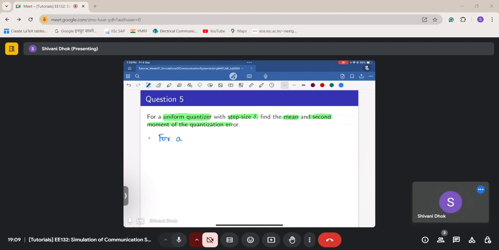For a random variable x, its mean is the expectation of x, which is the integral of x times fx of x dx, where fx is the pdf of a continuous random variable.